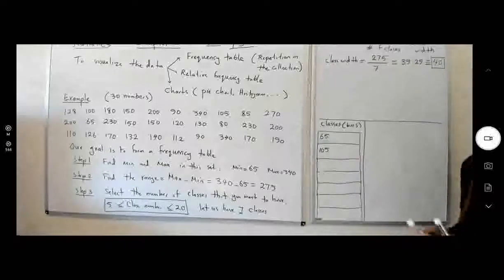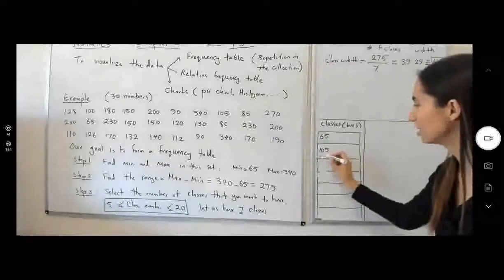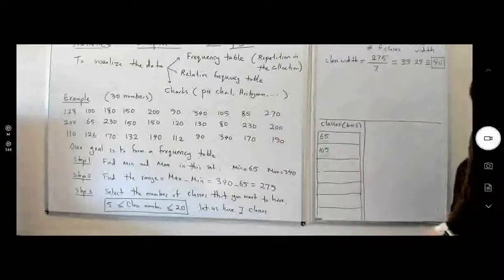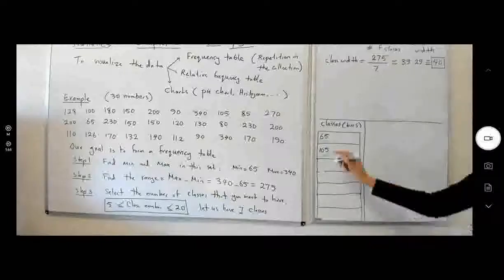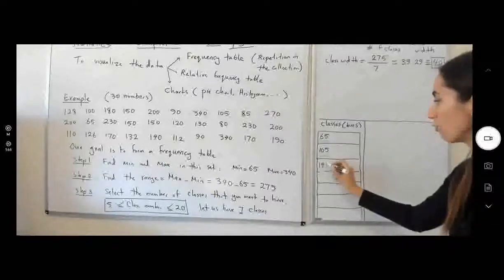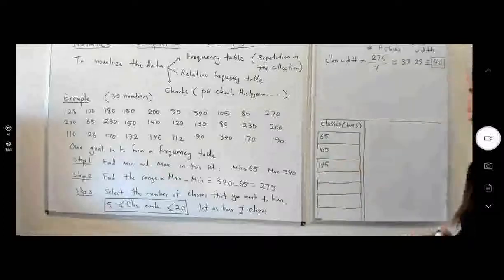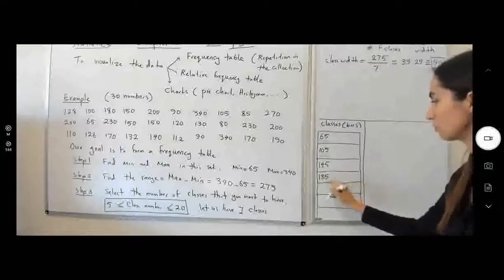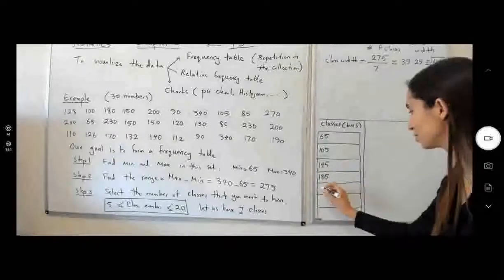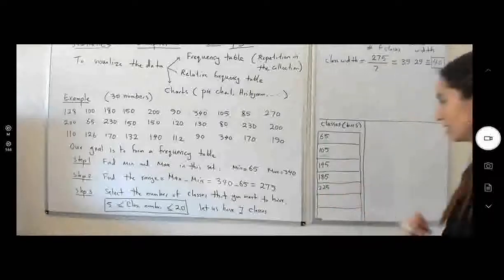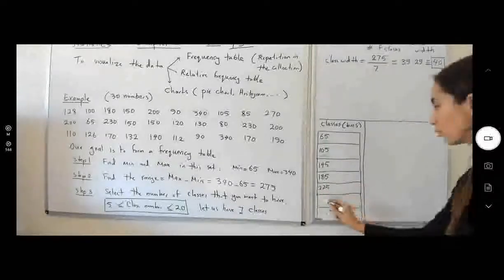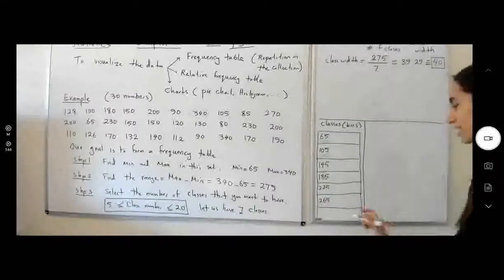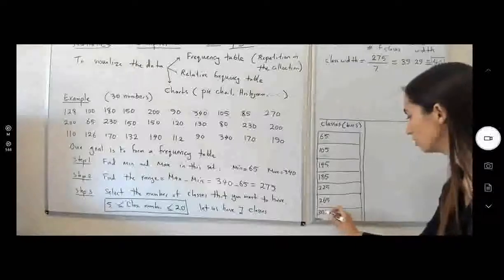We're going to continue this process, adding the class width of 40 to the lower limit of each previous class. So now you have 145. 145 plus 40 is 185. 185 plus 40 is 225. 225 plus 40 is 265. And 265 plus 40 gives you 305.